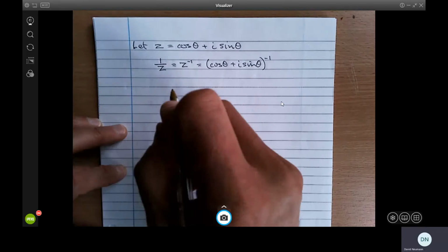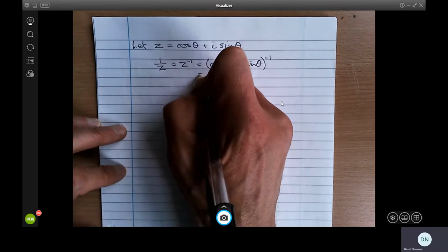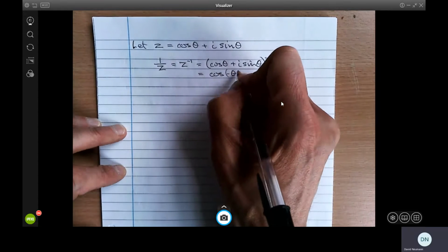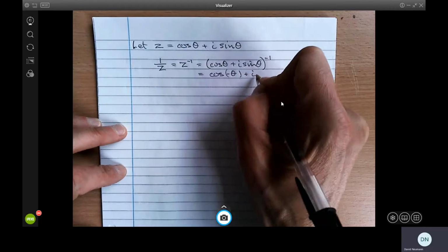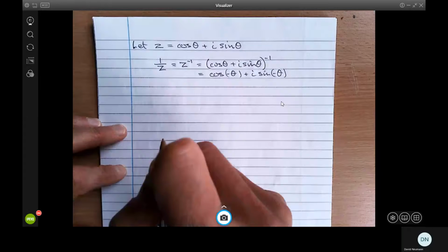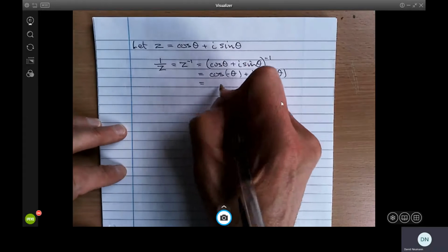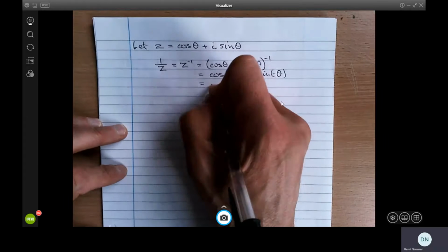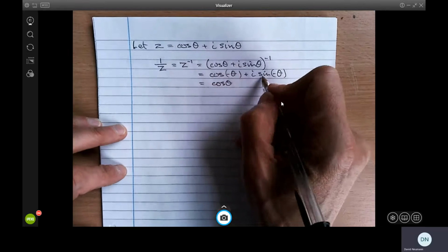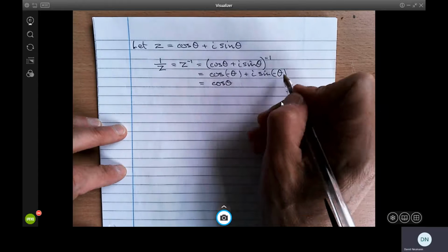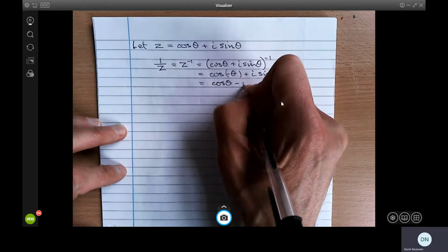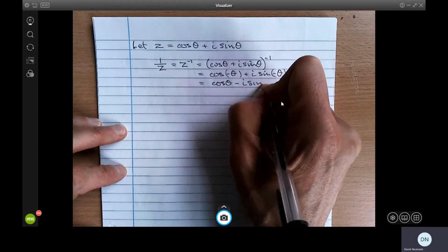And de Moivre's theorem tells us that is equal to cos of minus theta plus i sine of minus theta, which is equal to, well, cos of minus theta is just equal to cos of theta, and sine of minus theta is equal to minus sine of theta. So this is cos theta minus i sine theta.